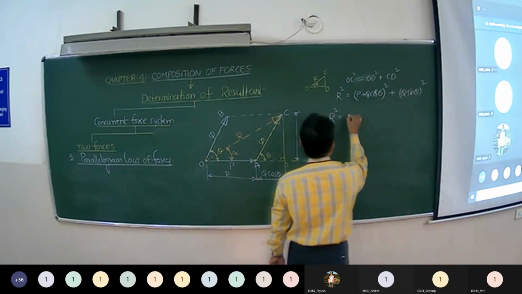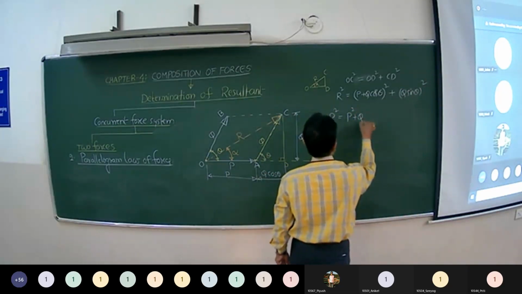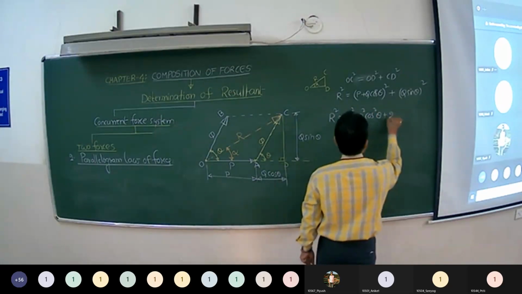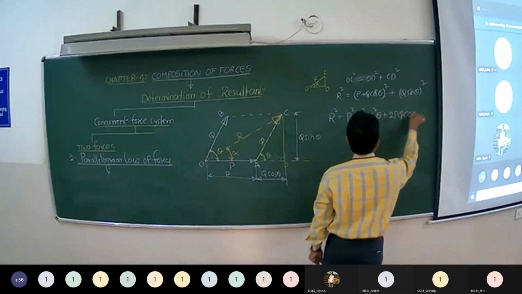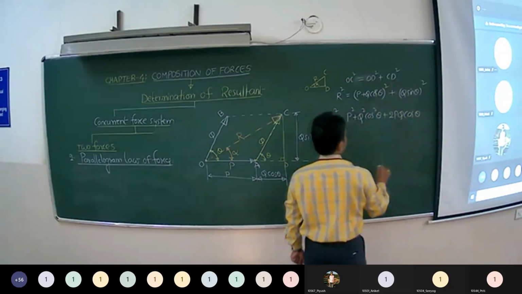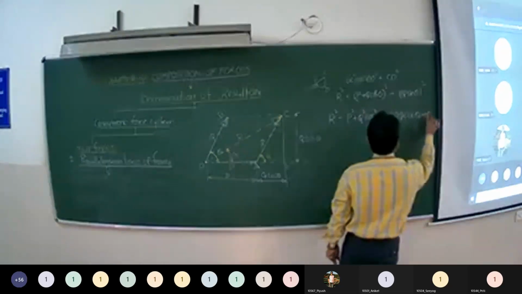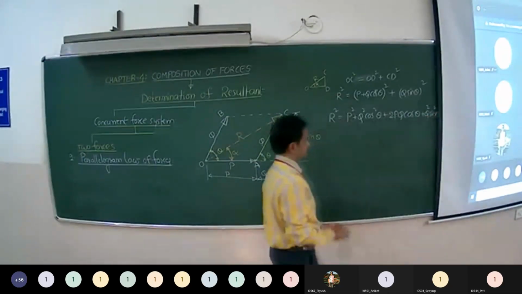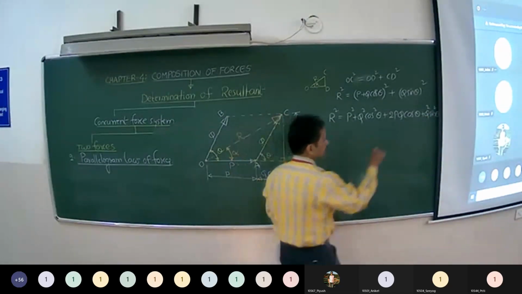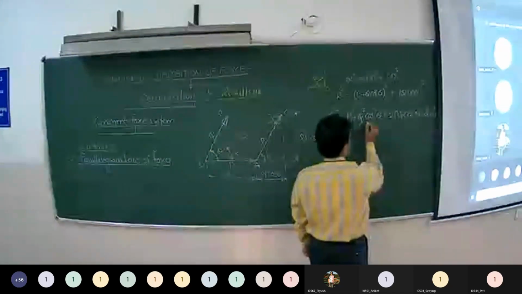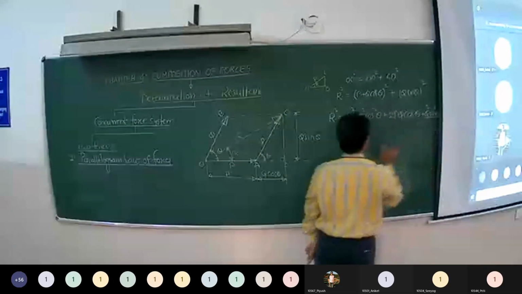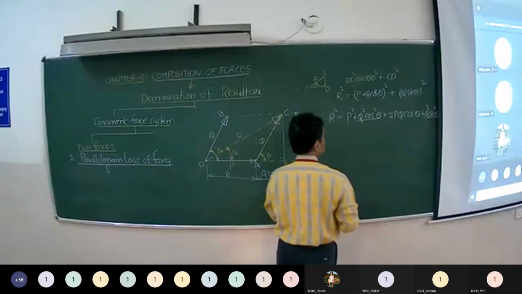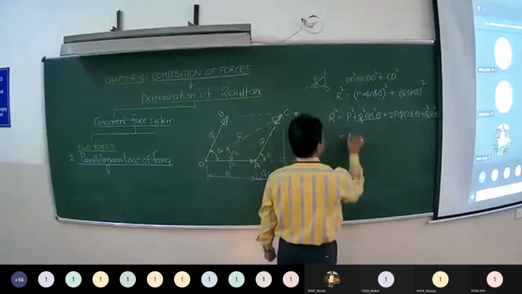So we have R square is equal to P square plus Q square cos square theta plus 2PQ cos theta, (a plus b) whole square, plus Q square sin square theta, right? So Q square sin square theta plus Q square cos square theta is equal to Q square.